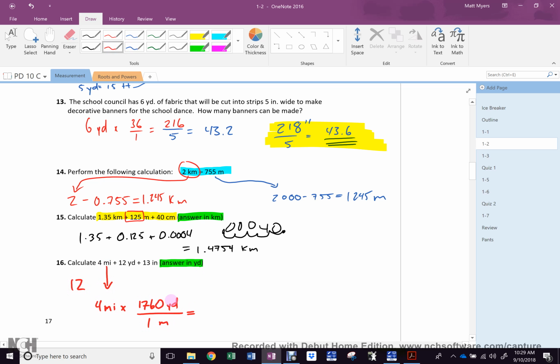So that's going to get me whatever that is. I can't do that in my head. Maybe I can. 6,800, and 4 times 60 is 240. 7,040, right? 7,040 yards. Plus 12,752 yards. Now, what about 13 inches?